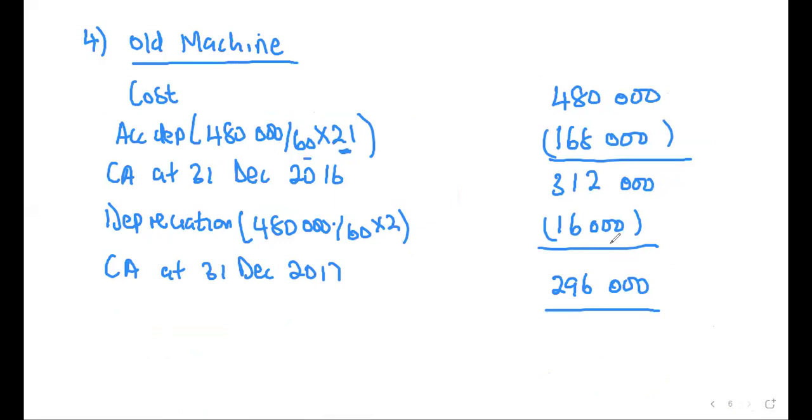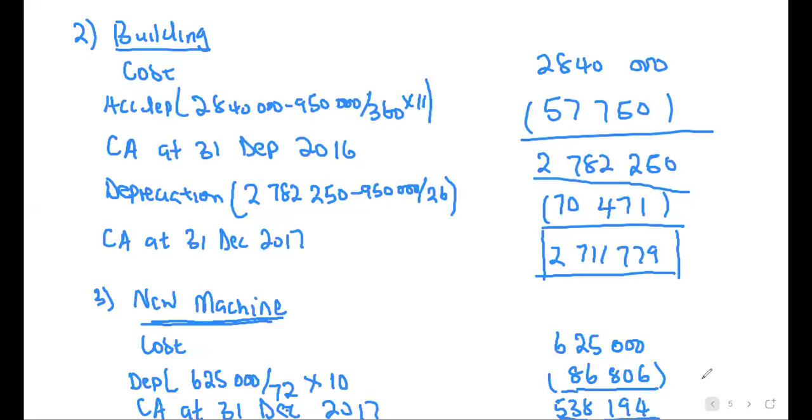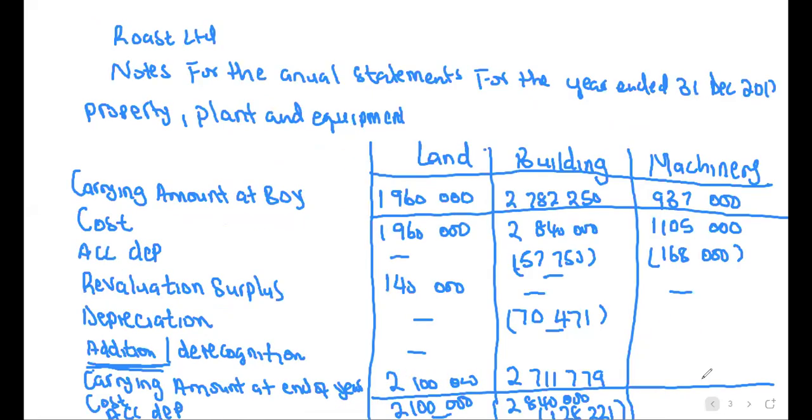So it's going to be 102,806. That's the depreciation for the year. $102,806. What else are we going to do?